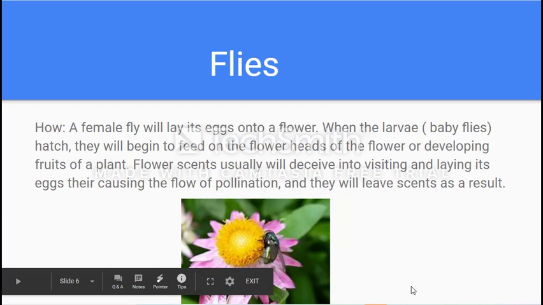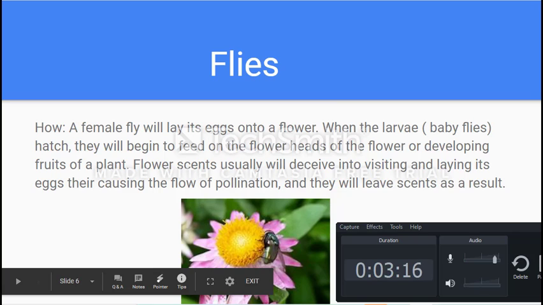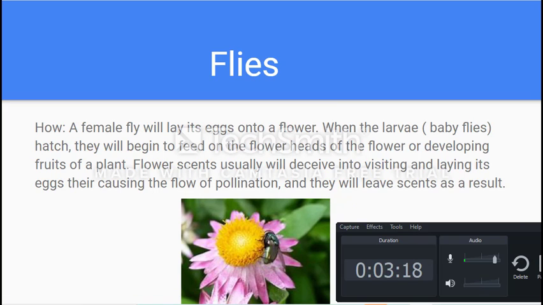So now I want to discuss a very unique form of pollination, and this is as a result of flies. A female fly will lay its eggs onto a flower. When the larvae, or the baby flies, hatch, they will begin to feed on the flower or on little parts of seedlings that are growing, such as seeds or fruit.